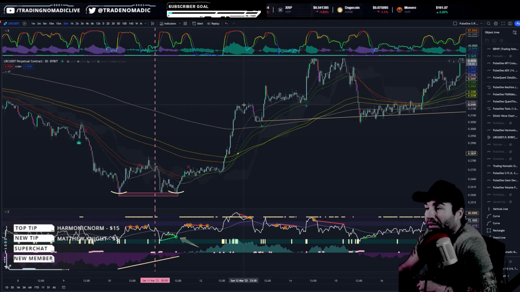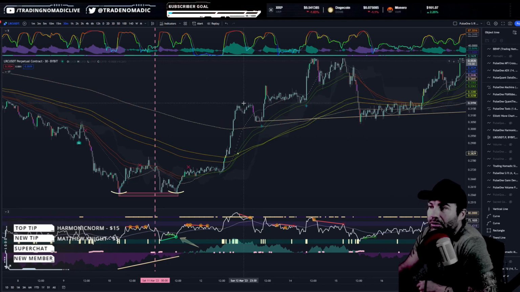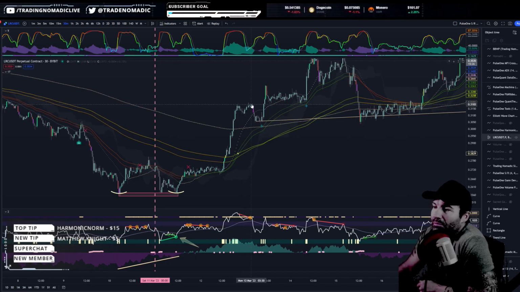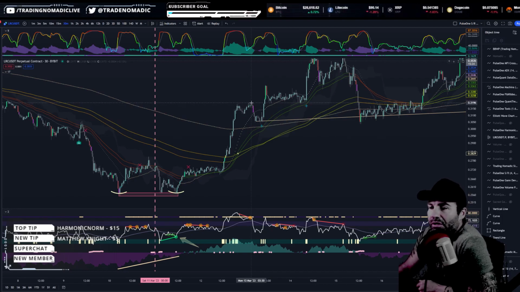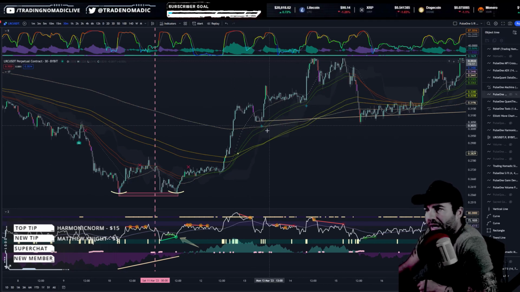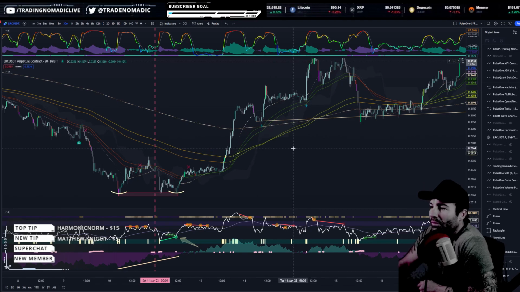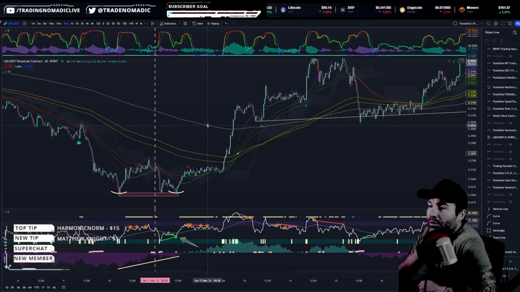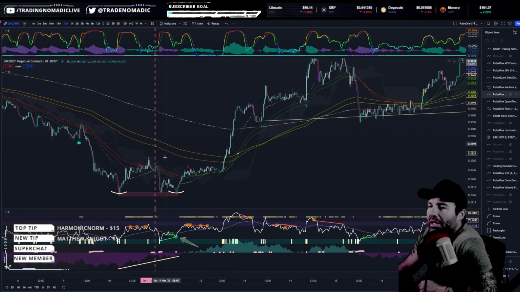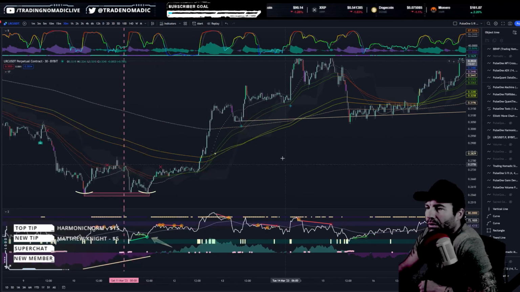It's about probabilities, and if the probabilities are telling you that you're probably going to see a pullback here, maybe take profit, maybe put your stop loss somewhere as a precaution, raise your stop loss up. But if you were looking for this bullish trend to continue, that's what I use these moving averages for.